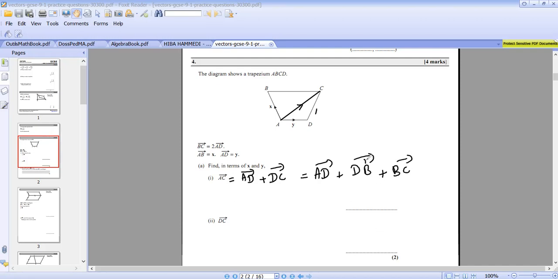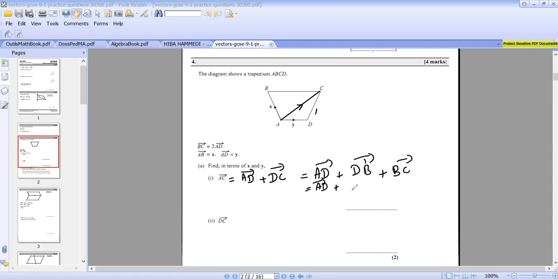Right. And for this one, I will introduce the A. So it will be AD plus, well, what will I gain from here?